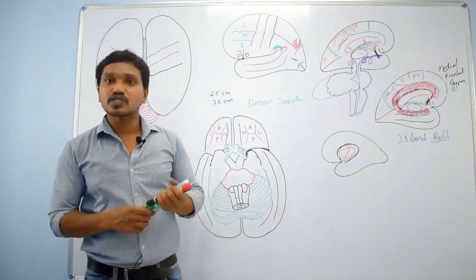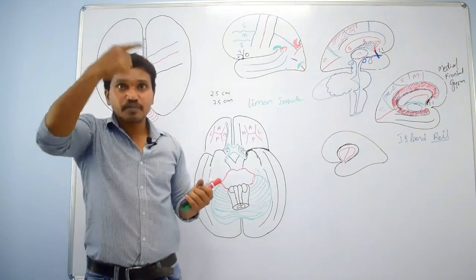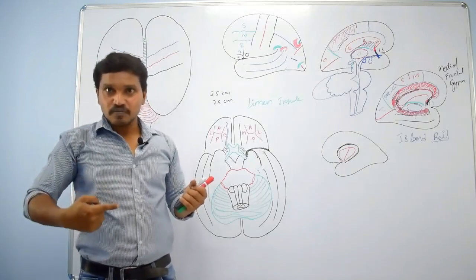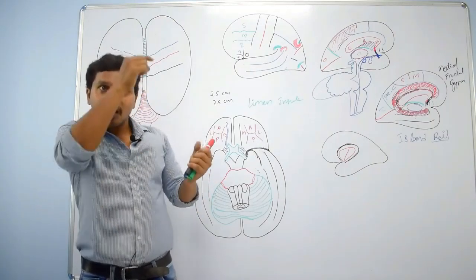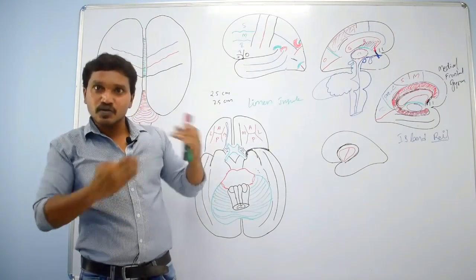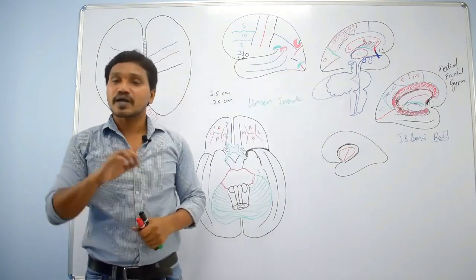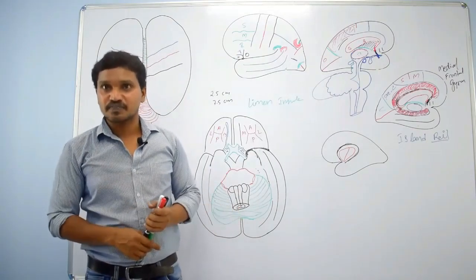During development there are many small sulci, and due to the development of the brain they unite and form a big sulcus, which we call the parieto-occipital sulcus. So this is a secondary sulcus.